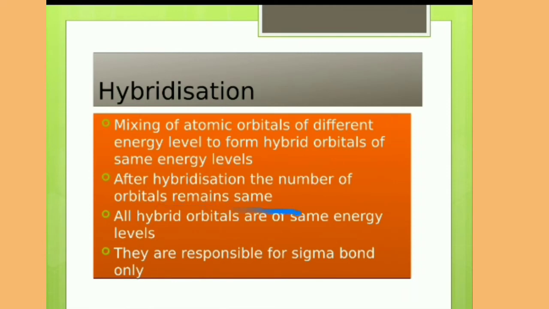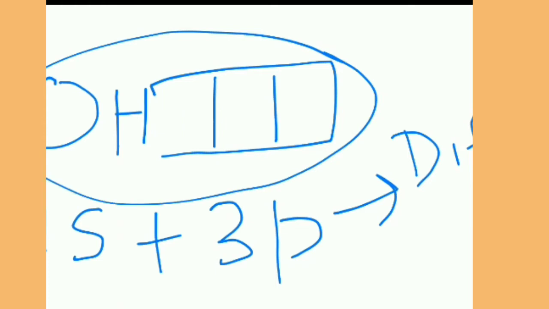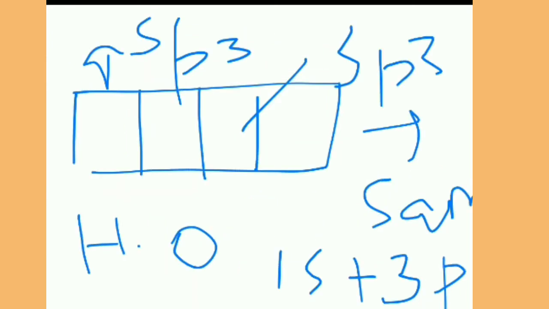After hybridization, the number of orbitals remains the same. For example, here we have mixed one s atomic orbital and three p atomic orbitals, a total of four atomic orbitals, and after hybridization the number of orbitals is also four.